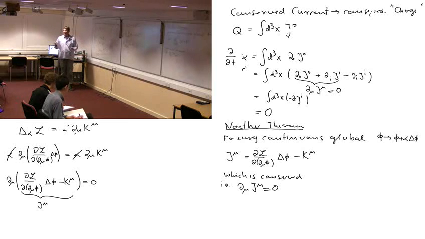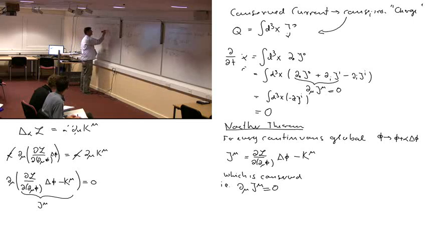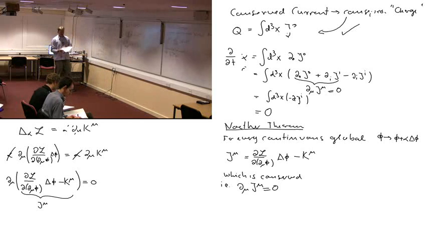Integrals over total derivatives, if the fields drop at infinity, are 0. So using this, we have already shown that this is truly a conserved charge. So this actually is our desired conserved charge.